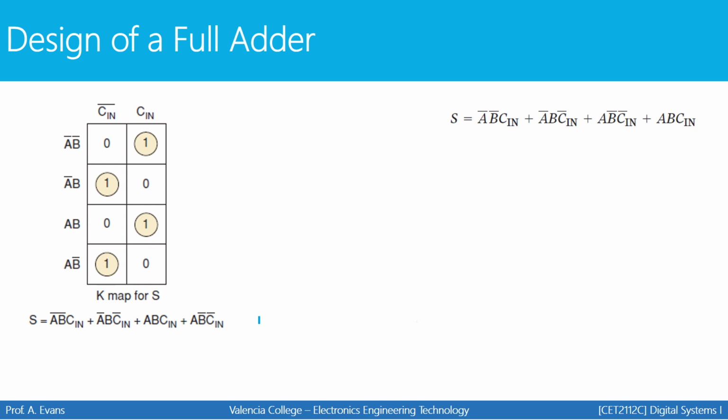So here's the expression. The first thing that we're going to do, see what common terms we can factor out. You can factor not A out of the first 2 terms, and you can factor A out of the second 2 terms.